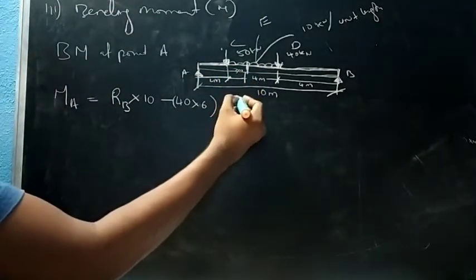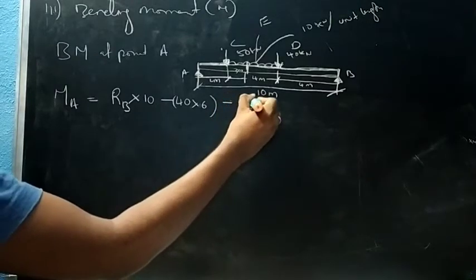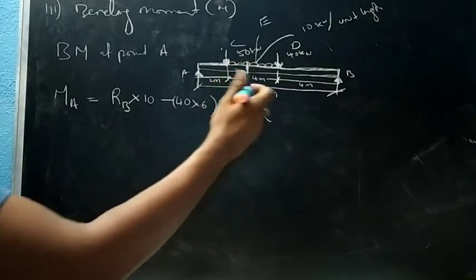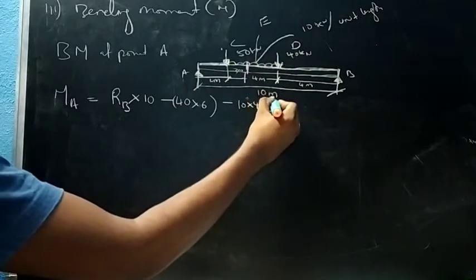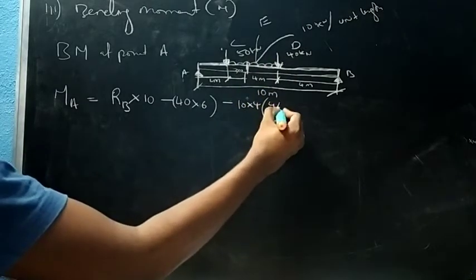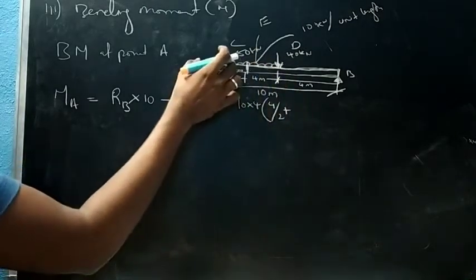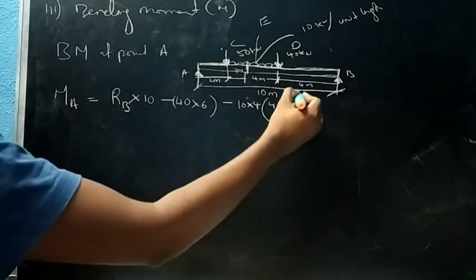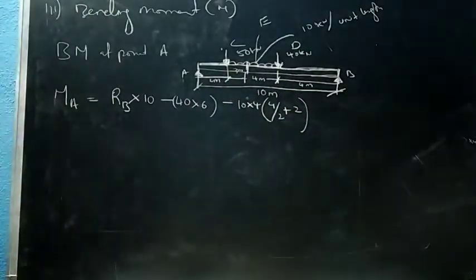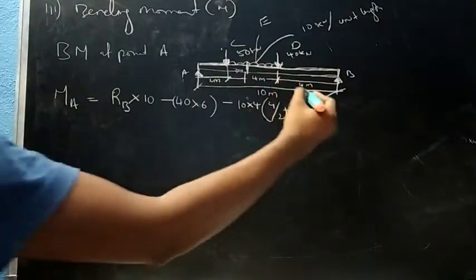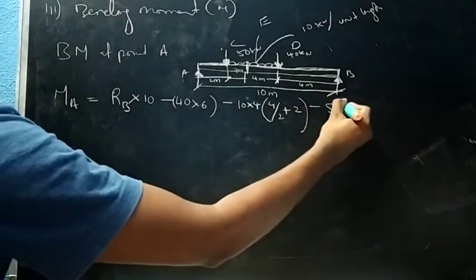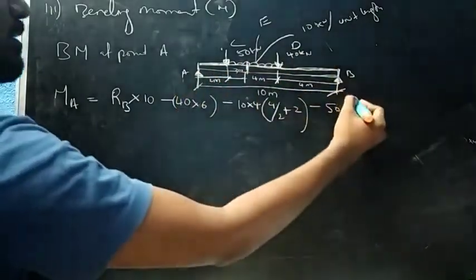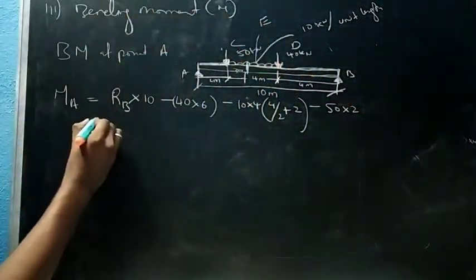So we take negative, that is 10 into 4, and the maximum bending moment will be in between that, that is 4 divided by 2 plus this 2 is empty, that is there is no uniformly distributed load, we consider this 2 meters, right. Next, minus 50 into perpendicular distance is 2 meters.